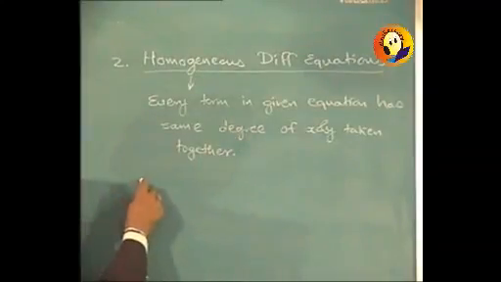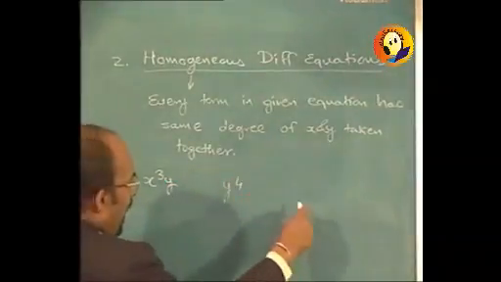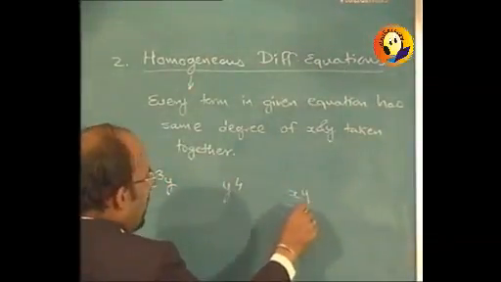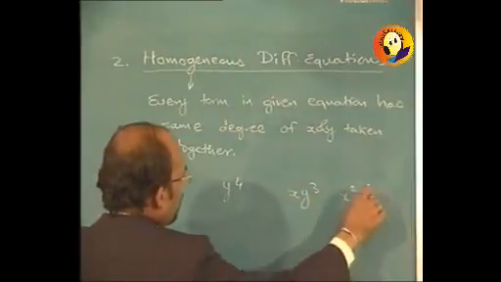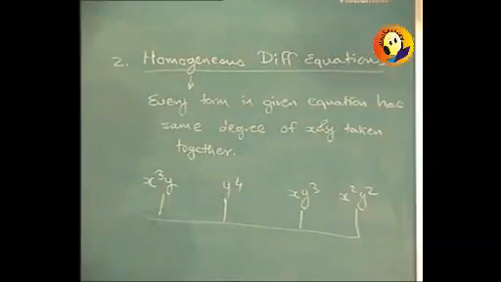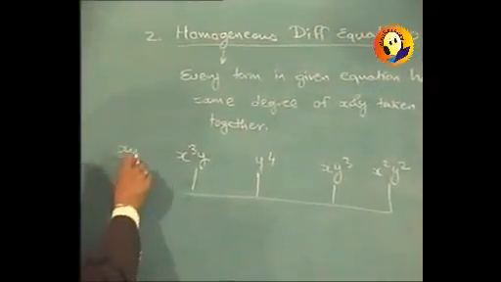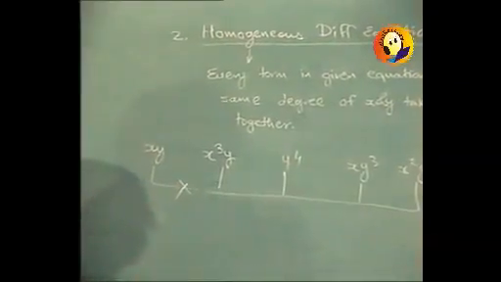For example, if you have terms like x cube y or y raised to 4 as x y cube or x square y square, these terms are considered as homogeneous terms of degree 4. If you have got some other term like xy, then overall it is not homogeneous.